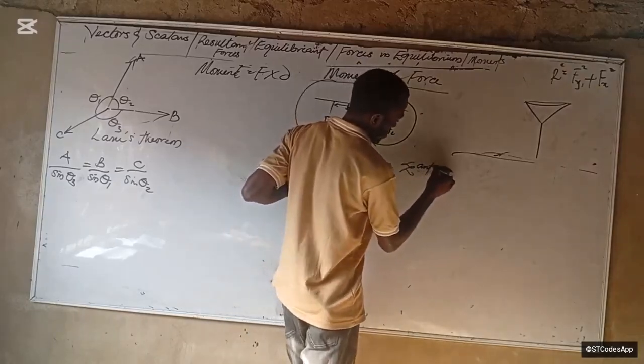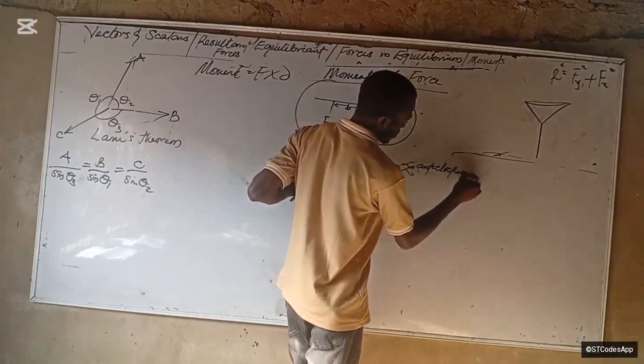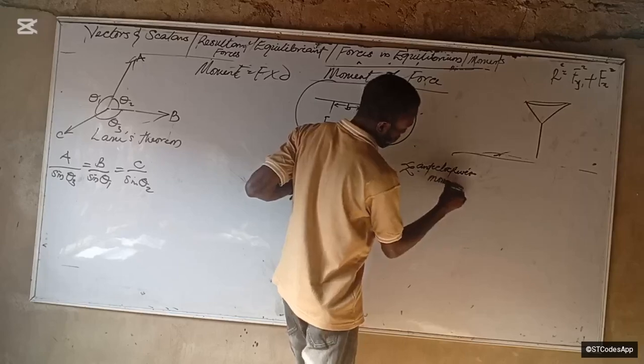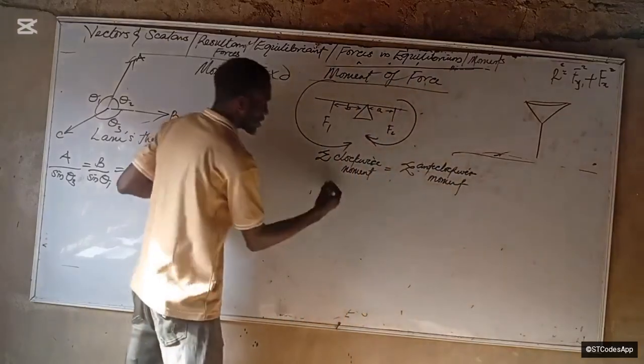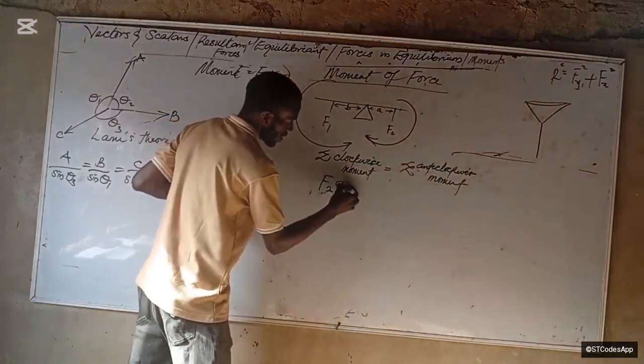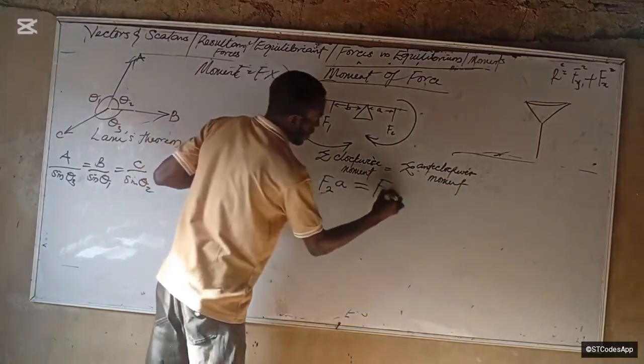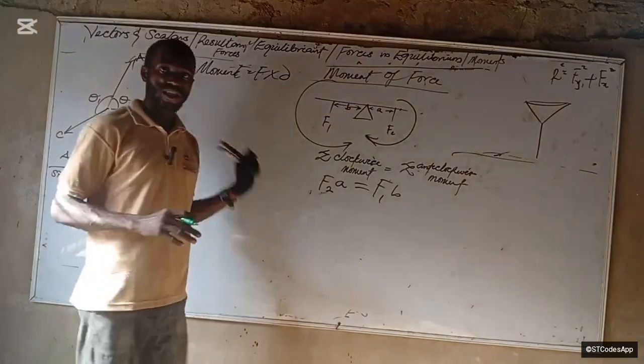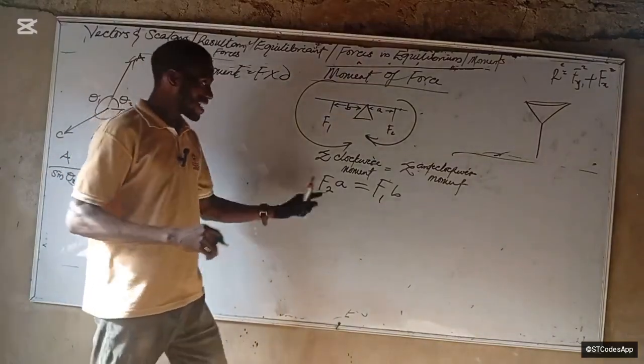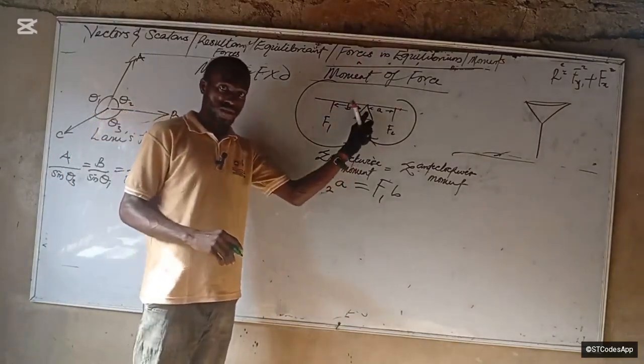Is that okay? So what's the clockwise moment again? F2A is equal to F1B. Does this make sense to all of us?